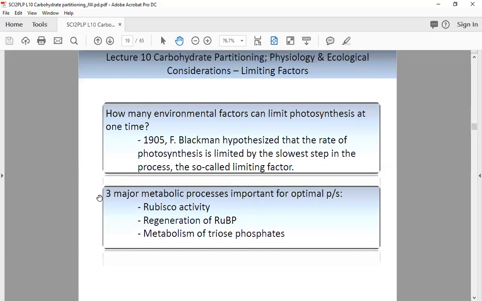Now, in a leaf, 3 major processes are required for optimal performance of photosynthesis. They are rubisco activity, regeneration of ribulose bisphosphate, that is RuBP, and metabolism of those important triose phosphates.